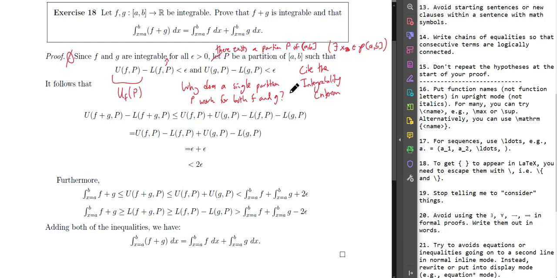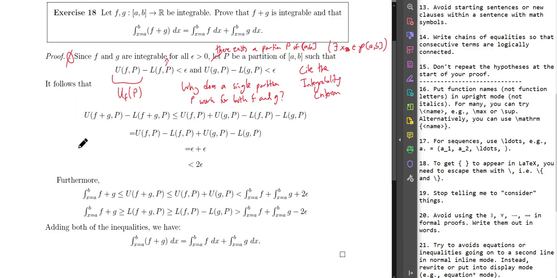Because of the properties of upper sums and lower sums, when we take refinements, upper sums are going to get smaller, lower sums are going to get bigger, so their difference is going to get even smaller. So there's an argument to be made here, but essentially you make that argument once and then it falls under the McTheorem situation. You say, cool, I can always find a single partition that will work along with the integrability criterion for two functions at once. But there's an argument to be made there.